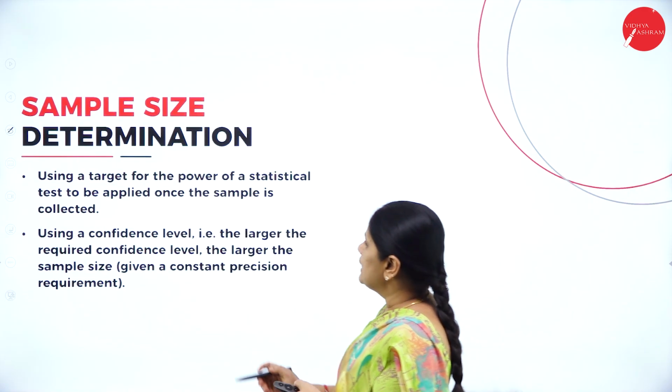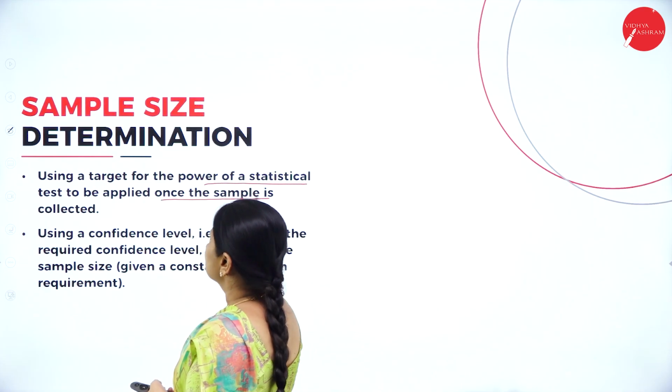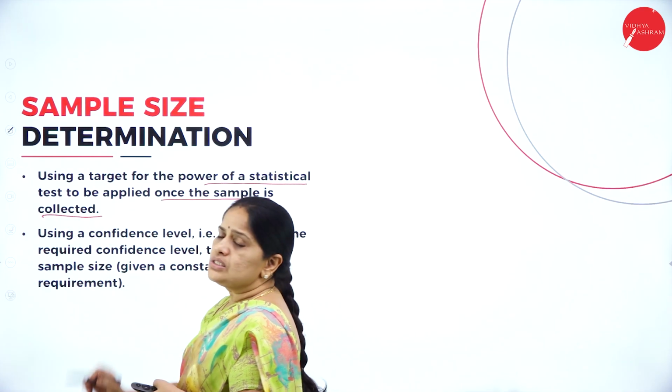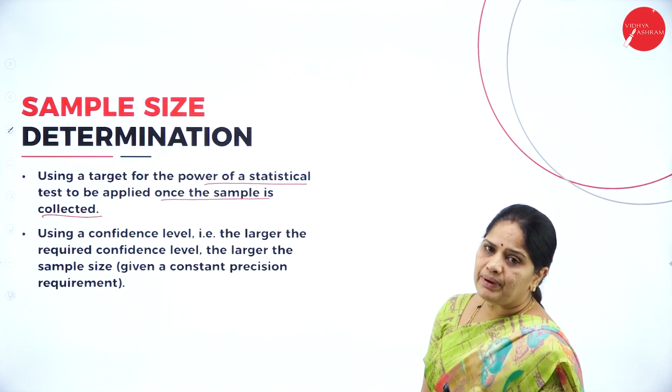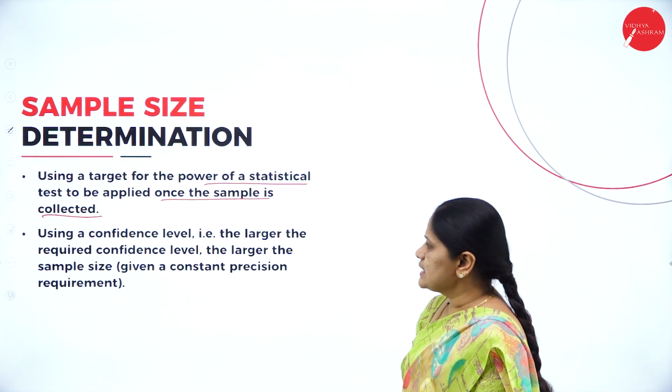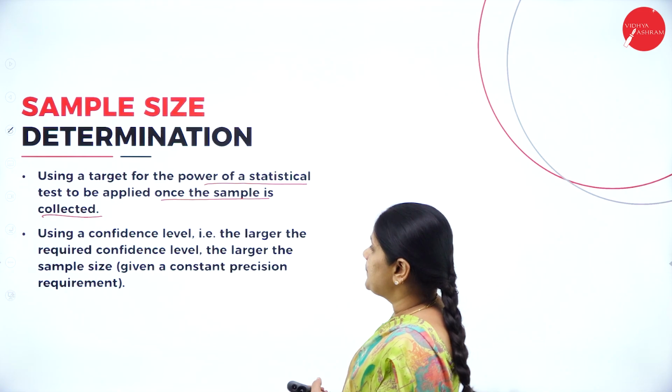Then, using a target for the power of a statistical test to be applied once the sample is collected. So, once you collect the sample, you just have to apply the statistical test, see the variance, and then decide the sample size.